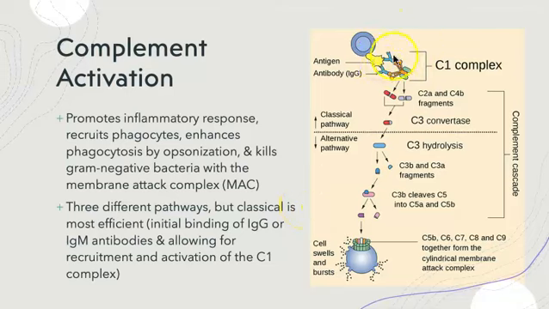What we see is an initial binding of IgG or IgM to the antigen, and that allows the recruitment of our C1 complex. And after that, we get that cascade, right? Where we're going to cleave certain complement proteins and allow enzymes to come in. And essentially, we're getting down to the end goal, which is creating that MAC complex, membrane attack complex, to create pores, allowing the fluid to move in, having the cells swell up, and eventually burst, or lysis.